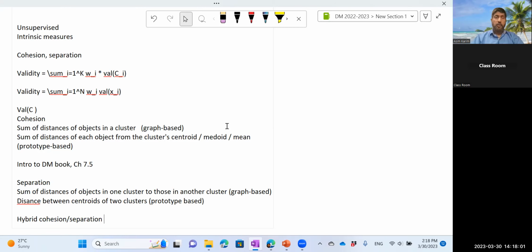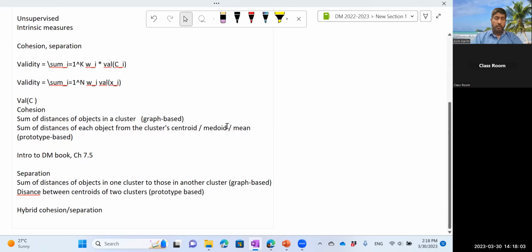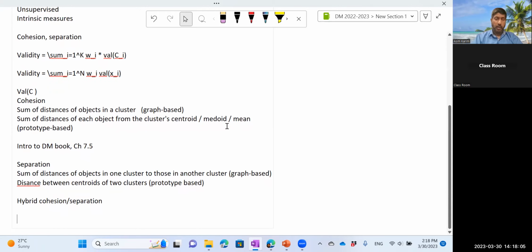So given the measures that we have written above, you can easily create hybrid measures. For example, we have computed the sum of distances of each object from its cluster mean, so that is cohesion.